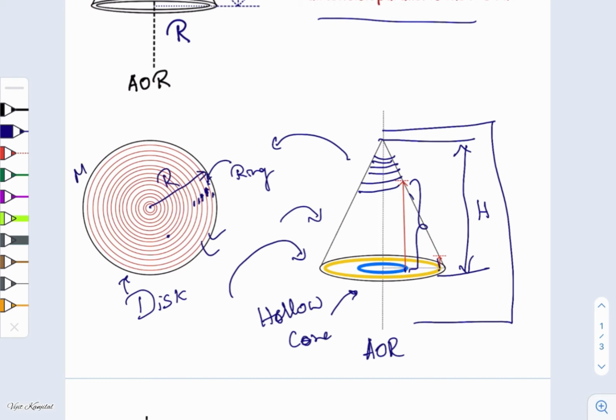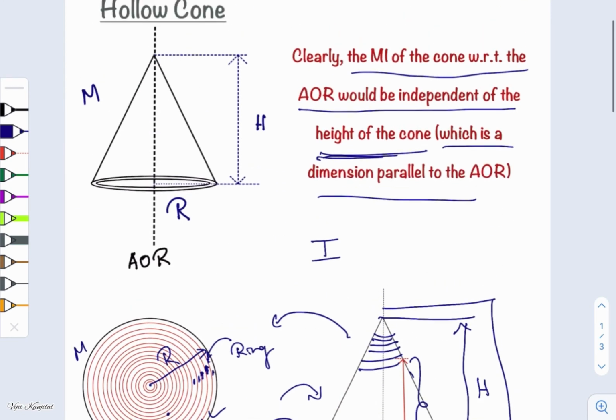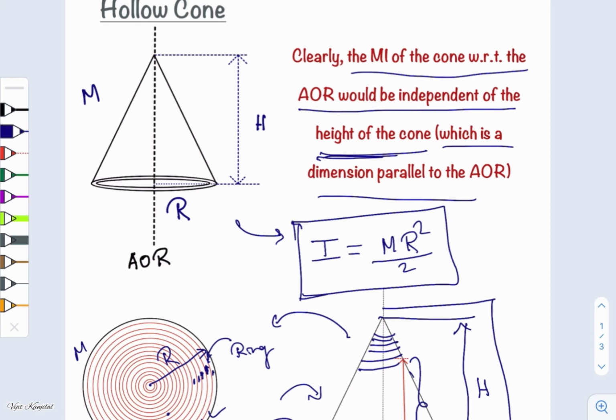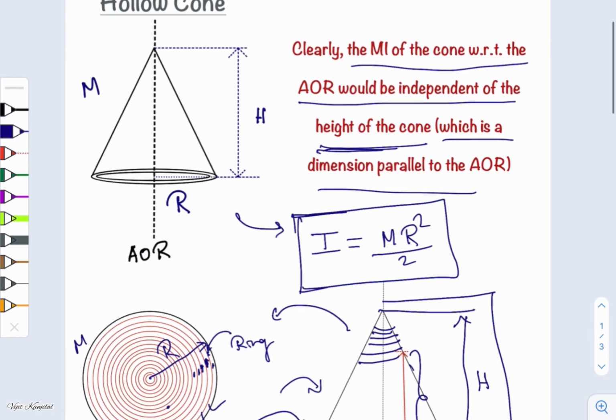So we expect the moment of inertia of this hollow cone about this axis to be equal to mr square by 2. So we have found this in a much smarter way without doing any nasty calculations. Let's try to verify this result by following a standard general approach.